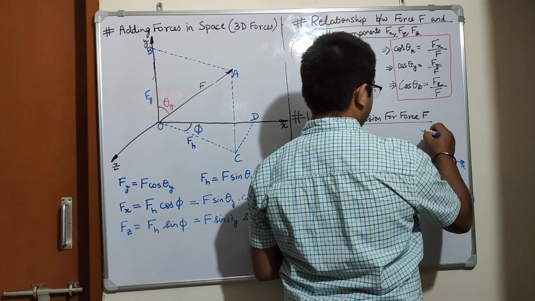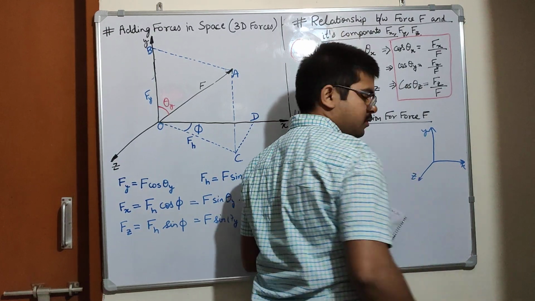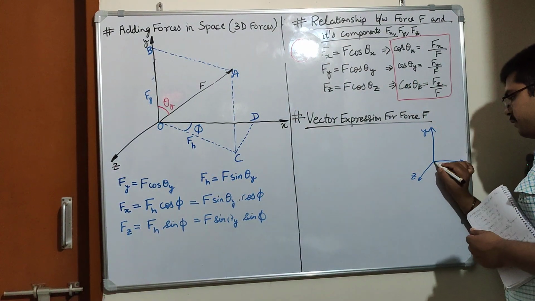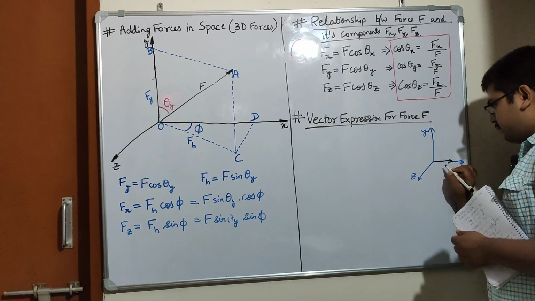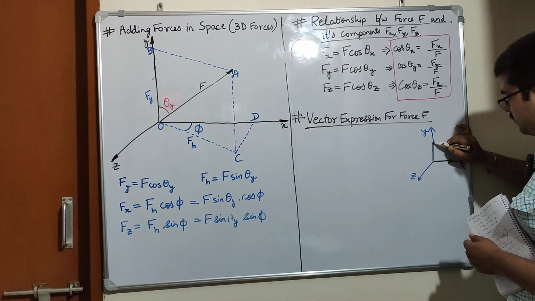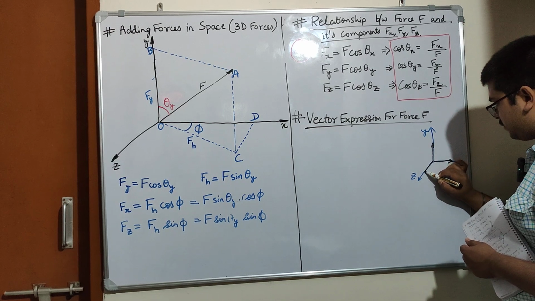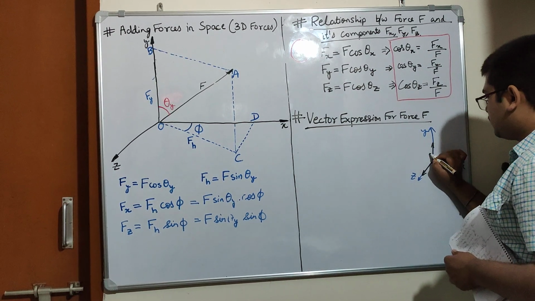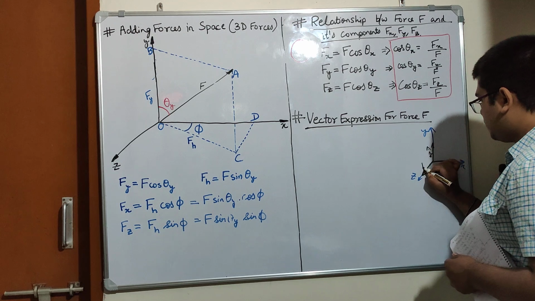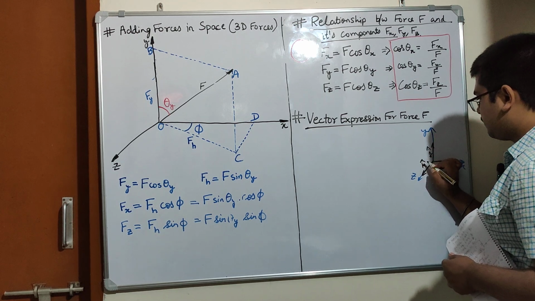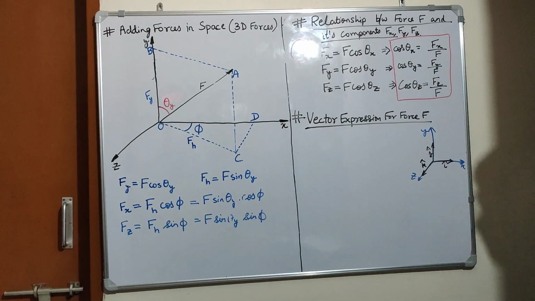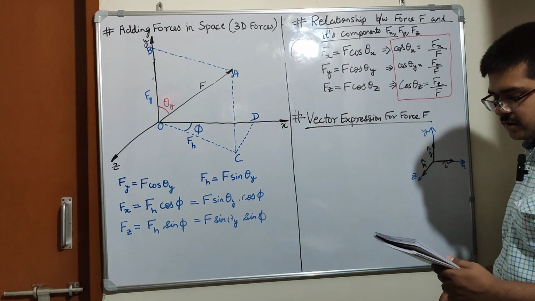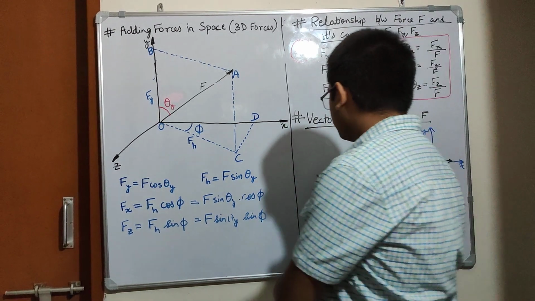If this is a 3-axis system, this is i cap, this is j cap, and this is k cap, the unit vectors along the 3 axes. So we can write the F vector.